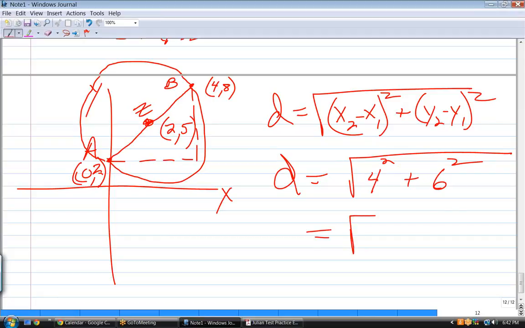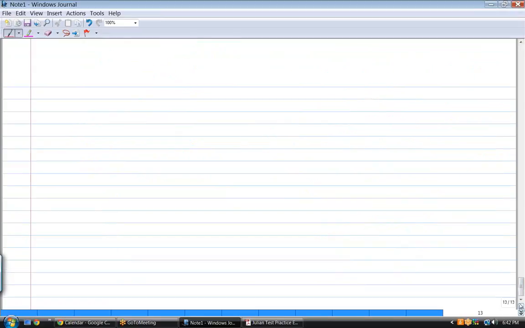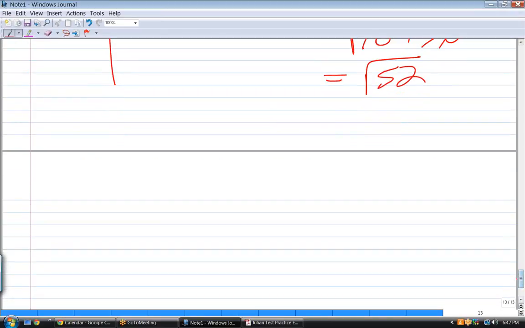Okay, so that's the square root of 16 plus 36. Square root of 52. Can we simplify that answer? Because that's not simplified. Is 52 divisible by any perfect square number? I think so, yeah. It's divisible by 4. So I could write it as square root of 4 times square root of what?